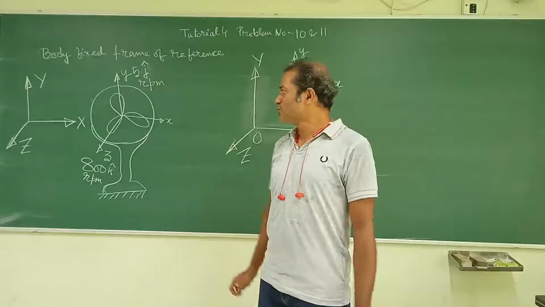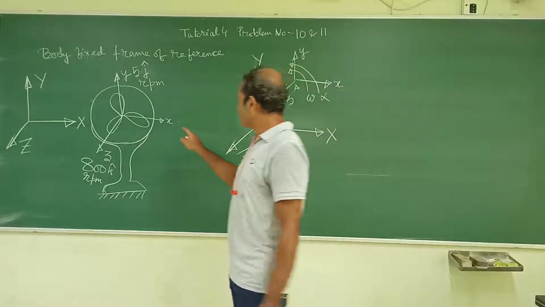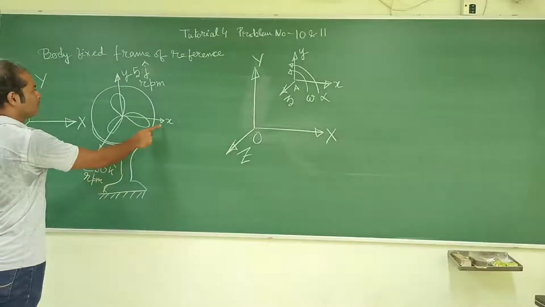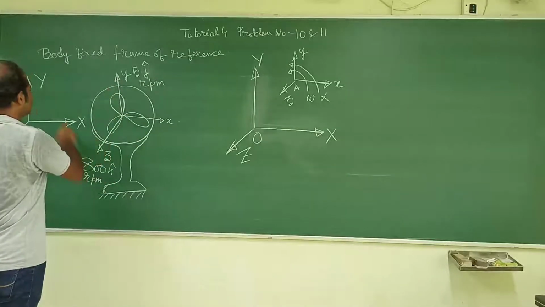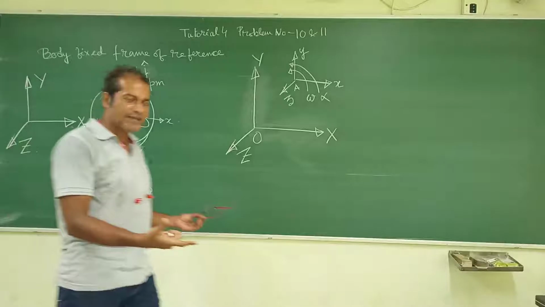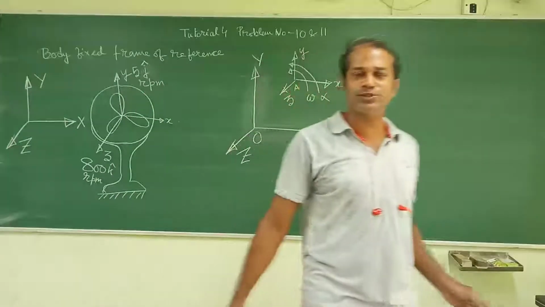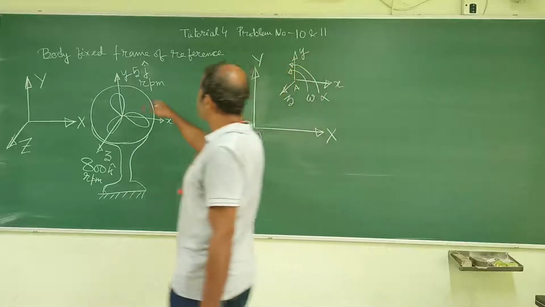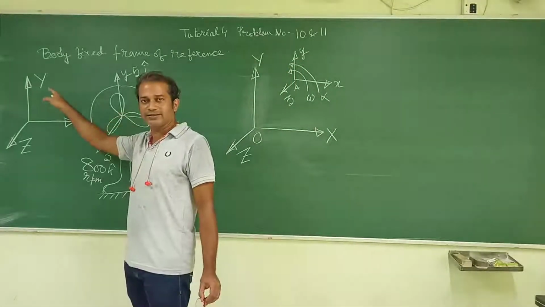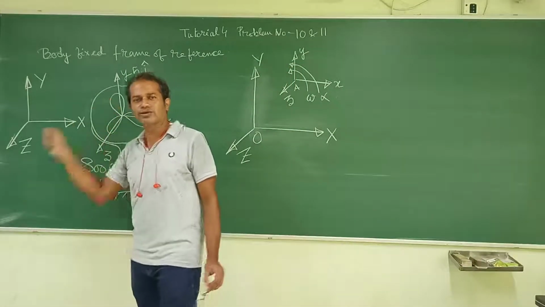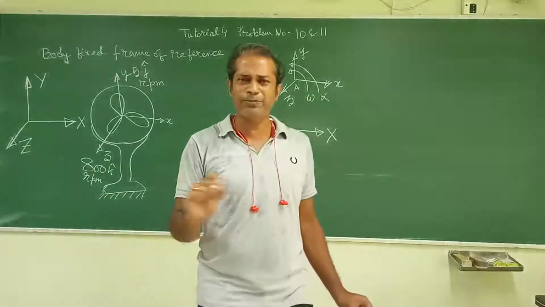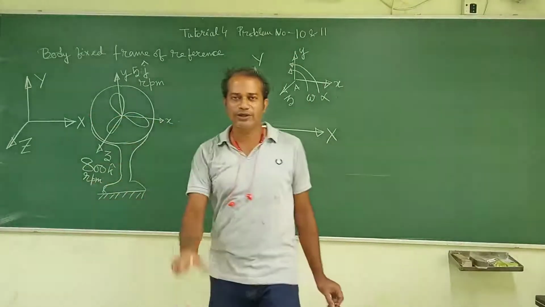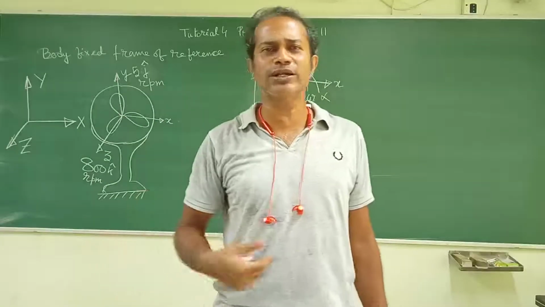At some instant of time, the small xyz has the same direction as capital XYZ. But I can get all those velocities, the rotational velocities and the acceleration of any point, from the coordinate transformation, which is nothing but the orthogonal transformation.